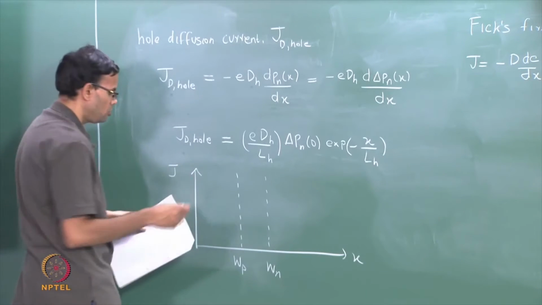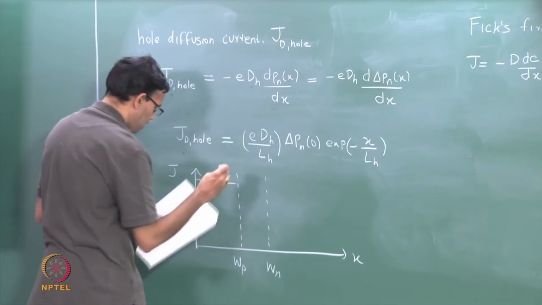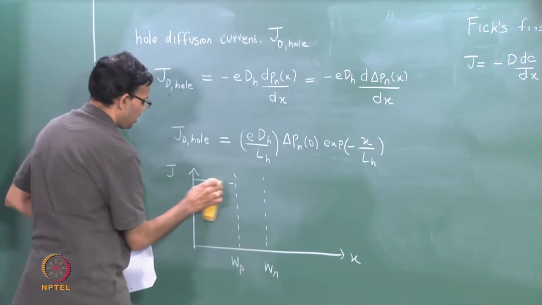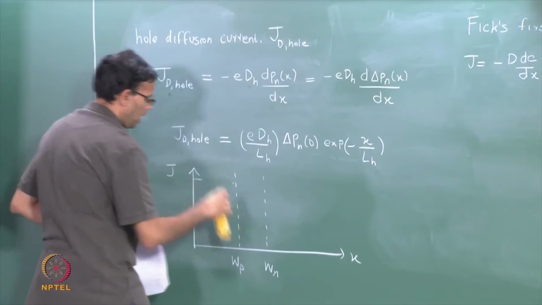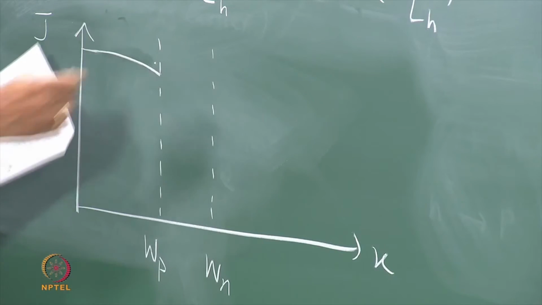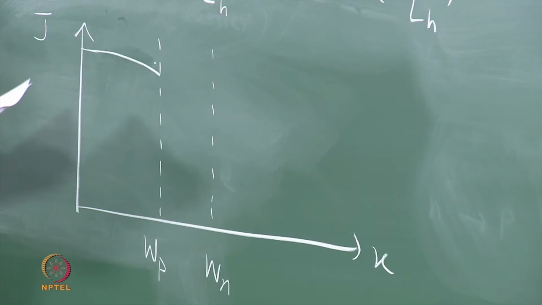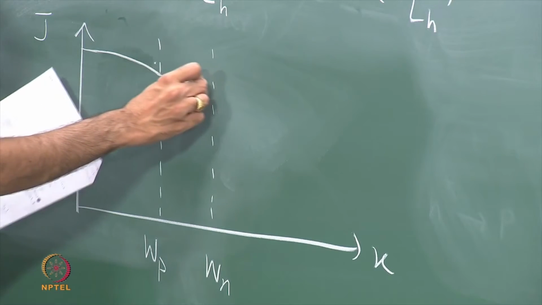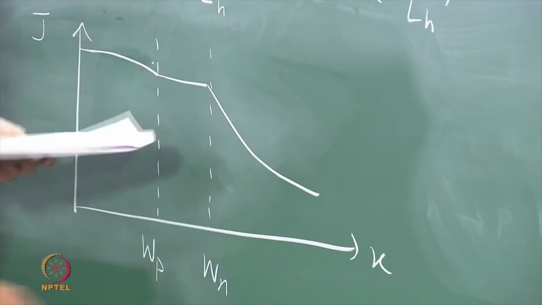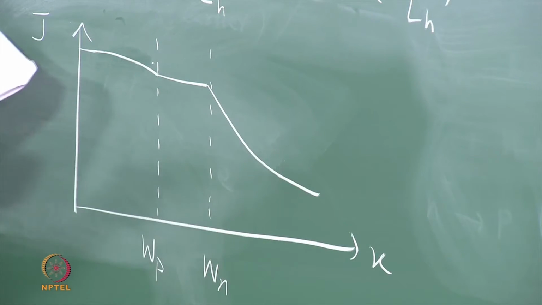In the case of holes, you have a majority current due to holes. So, let me just redraw that. In the case of holes, you have a majority current on the P side and it starts to reduce as we reach the depletion region, and then it becomes a minority carrier on the N side.